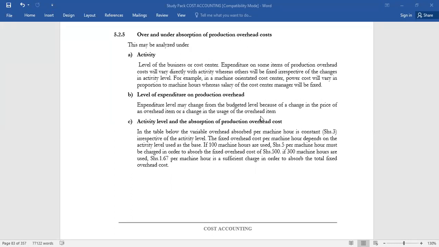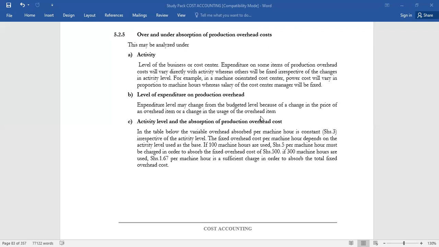Then the activity level will be dependent on the target. But ideally, from our past formula, the overhead application cost is based on the total fixed production cost, and then we divide by the budgeted machine hours or the expected or normal activity.